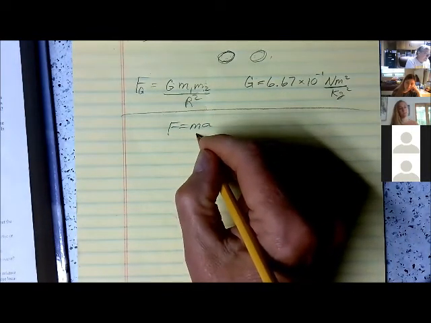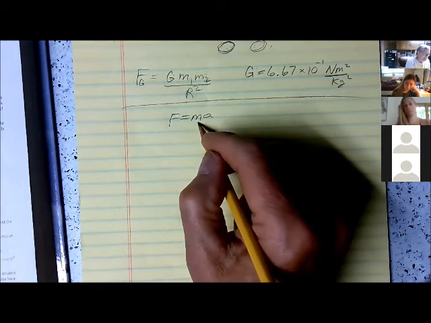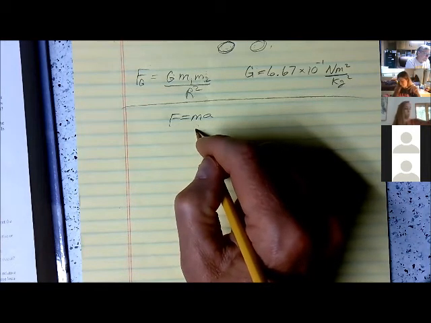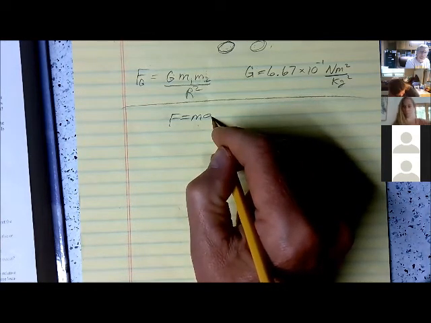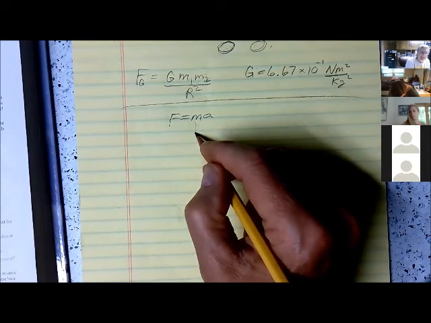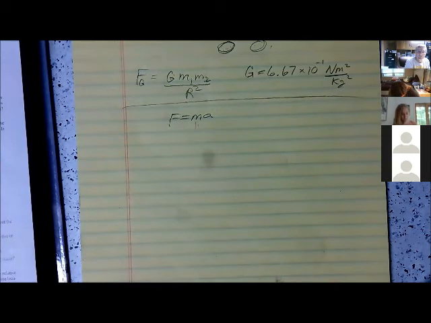So in the case of the gnat, the mass is very small, so the acceleration must be big. In the case of your car, the car's mass is very big, so the acceleration has got to be very small. That's how that works. So it seems as if the gnat experienced the greater force, but it winds up the force is the same.